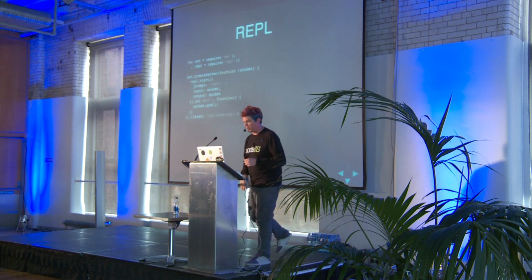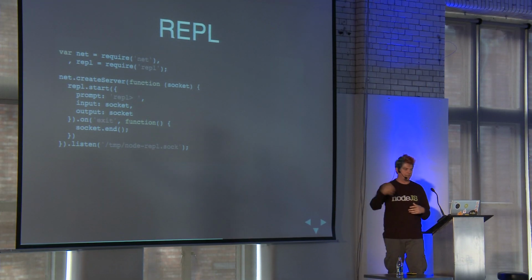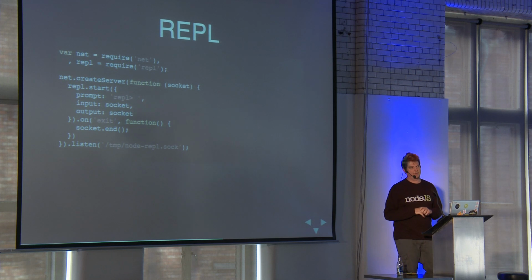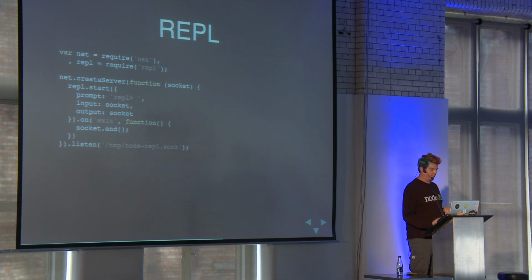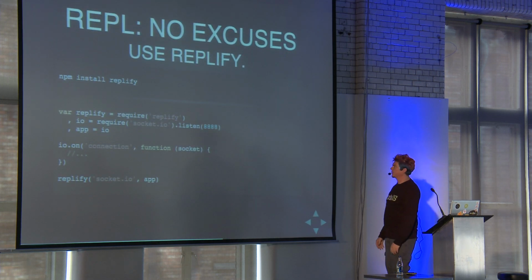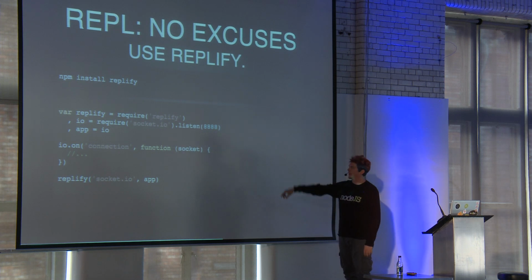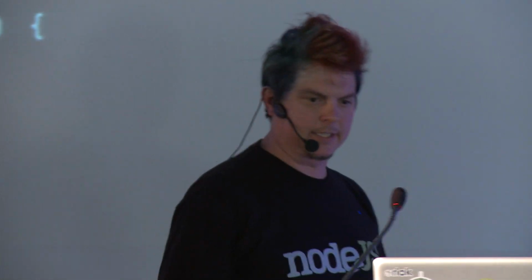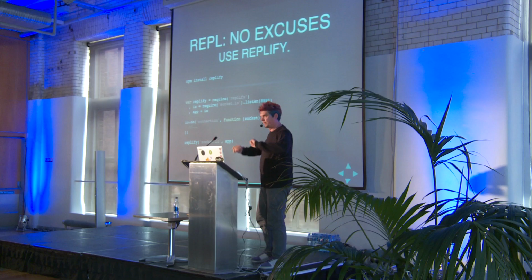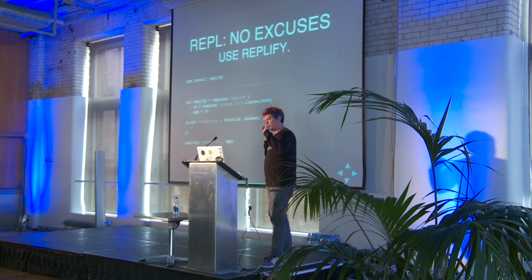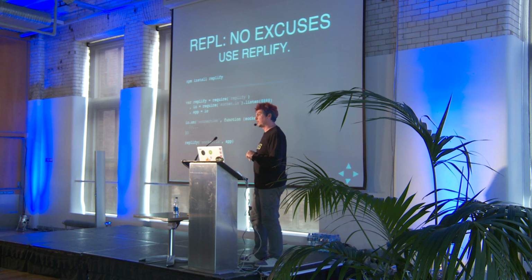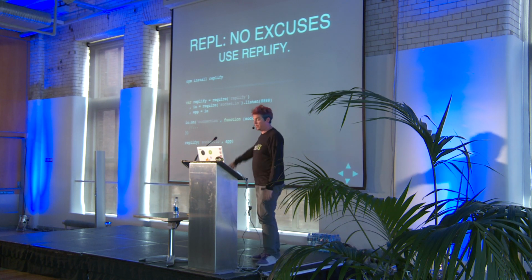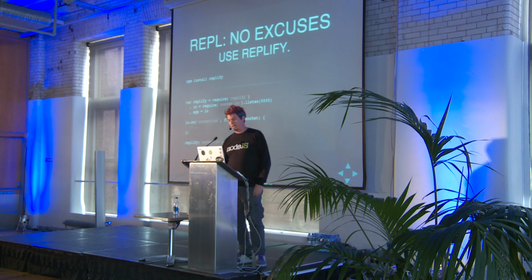This boilerplate is something that we put into every production process. With the module Replify it reduces down to just that. You give it a context, expose your app, and you're done. You have a REPL. You might not need it for several months, but when you need it, you will love it. It's there.